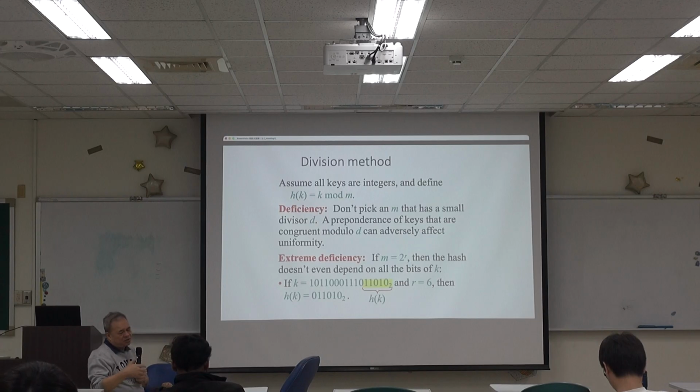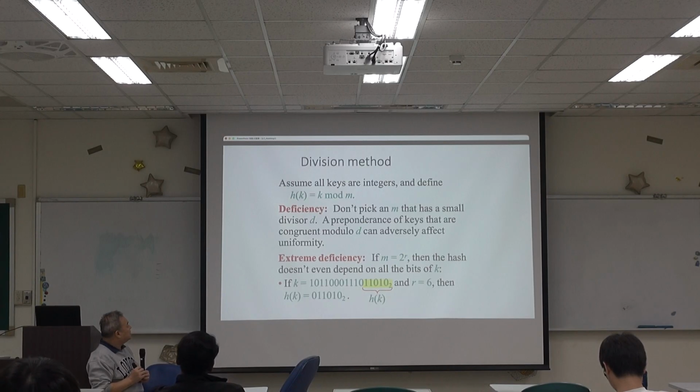In other words, collision. So usually you could pick m to be a prime. If you remember what you learned from discrete math, picking m to be a prime has some advantages.